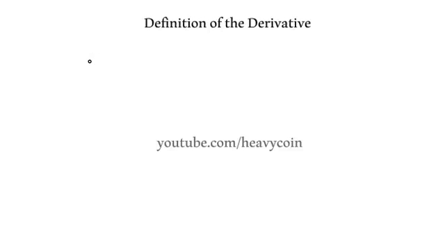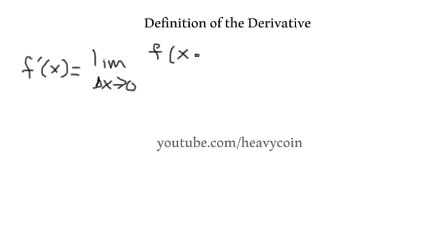Okay, so we're going to find the derivative of another function this time. So we want to write down, first off, let's get this out of the way. Let's write down the derivative again, how to get it, using the limit as delta x approaches 0 of f of x plus delta x, and I should say sometimes they use the letter h here instead of delta x, but I'm just going to use delta x.